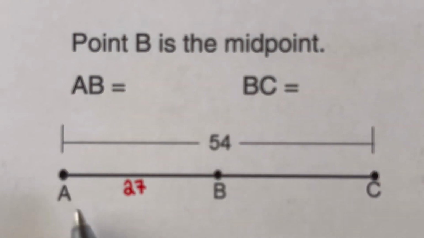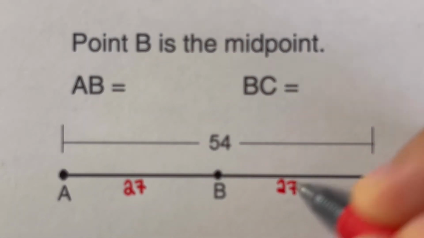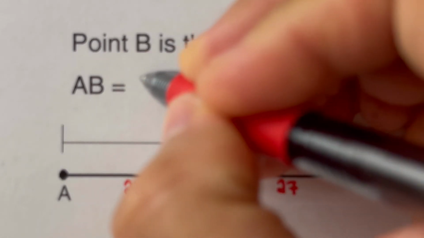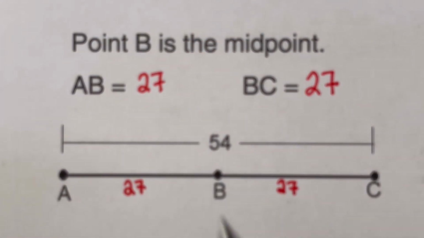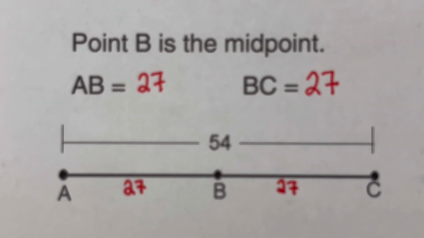Since these two segments are equal to each other because B is the midpoint, this one is also 27. If you add 27 plus 27, the whole thing from A going to C is 54. So again, this is 27 and this is 27. Did you get the same answer? Good, perfect. Now let's move on to the next example.